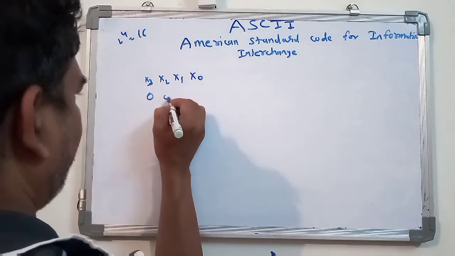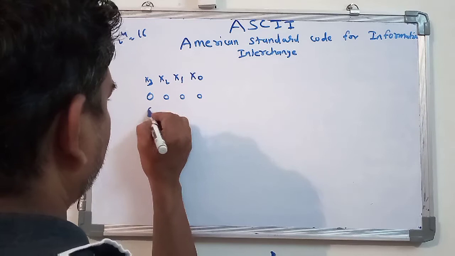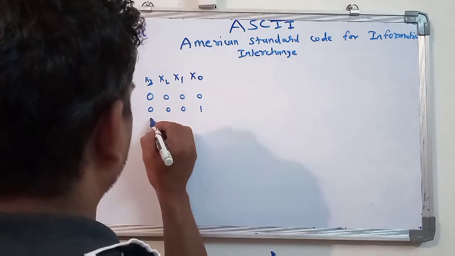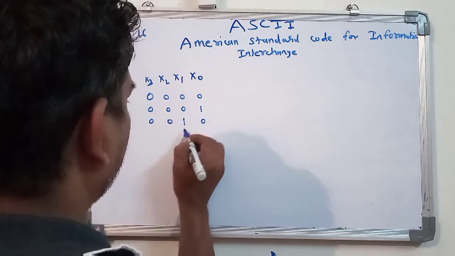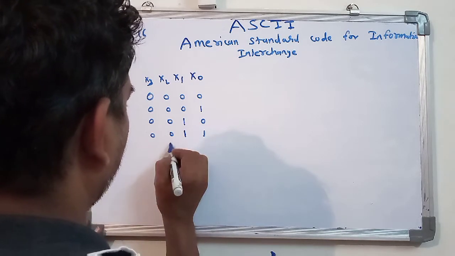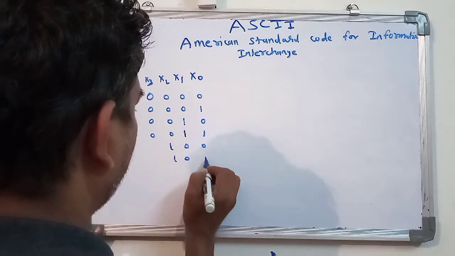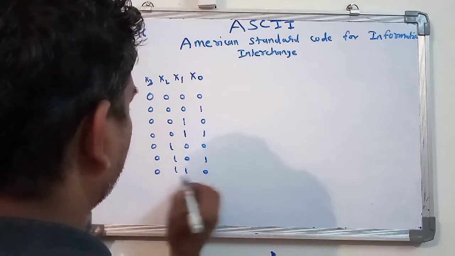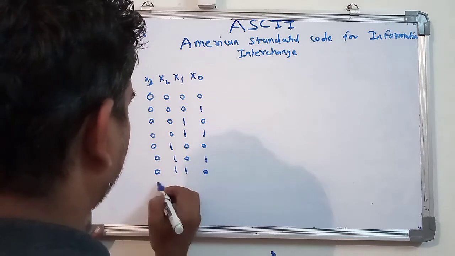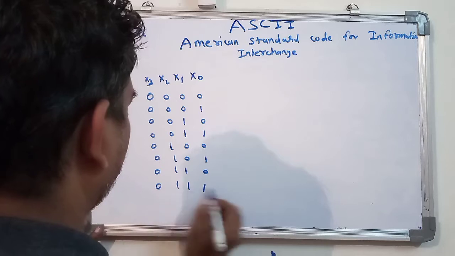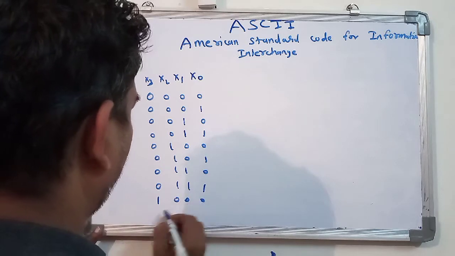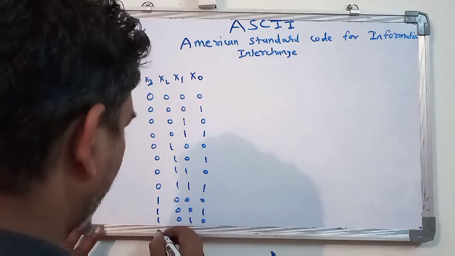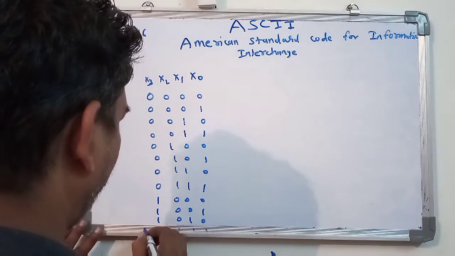So this has to be followed by 0000, 0001, 0010, 0011, then 4, 5, 6, 7, then 8, then 9, then 10, okay, and up to 1111 means up to F.